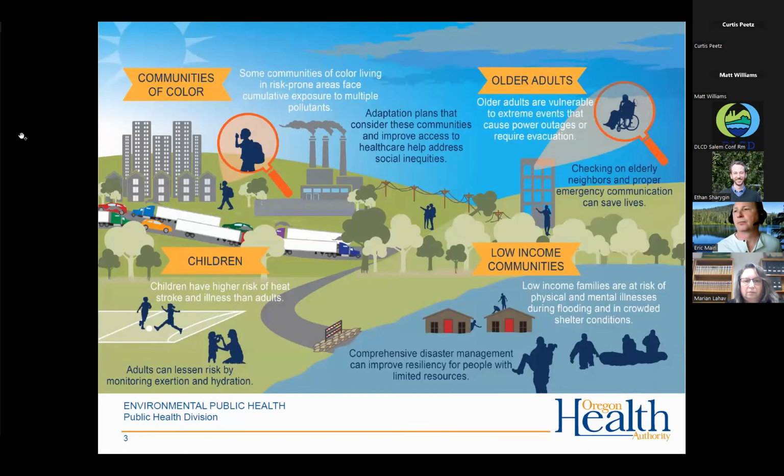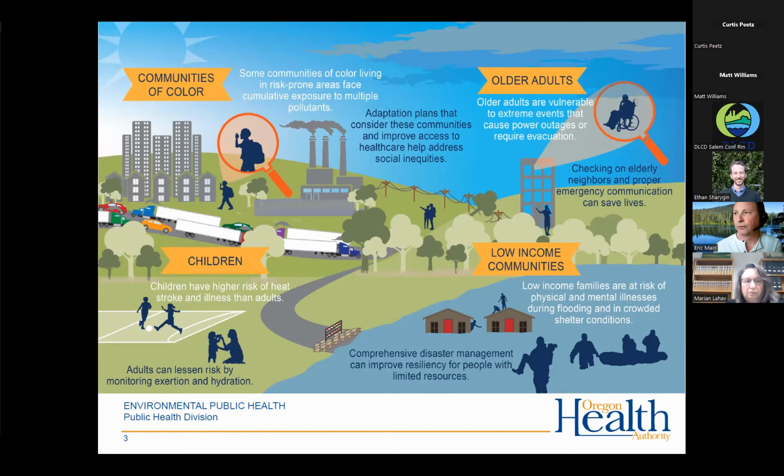Okay, and this slide actually comes from NOAA, and I think it does a really good job of showing how natural hazards disproportionately affect communities already experiencing cumulative impacts from environmental exposures, systemic racism, and socioeconomic disparities. For example, as you'll see in the upper left-hand corner, some communities of color living in risk-prone areas face cumulative exposures from multiple pollutants.